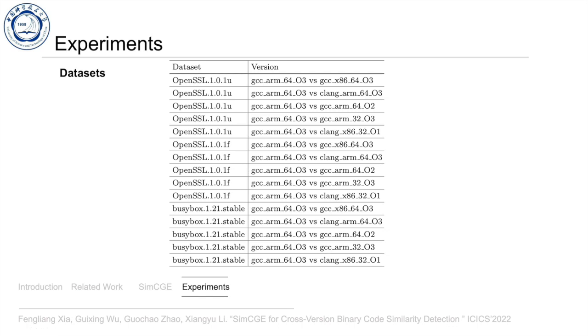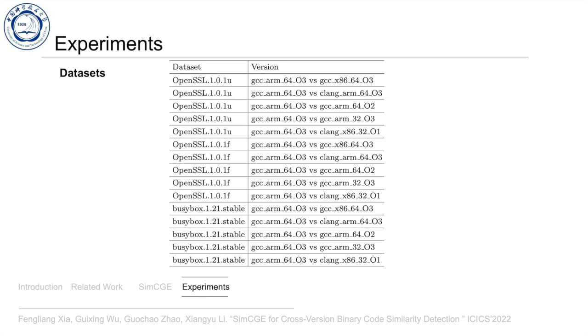We train the model on GNU debug and evaluate it on three publicly available datasets: OpenSSL, the version dataset, and BusyBox, with the same source code compiled into different versions of binary code, and compiled into CFGs using IDA Pro.